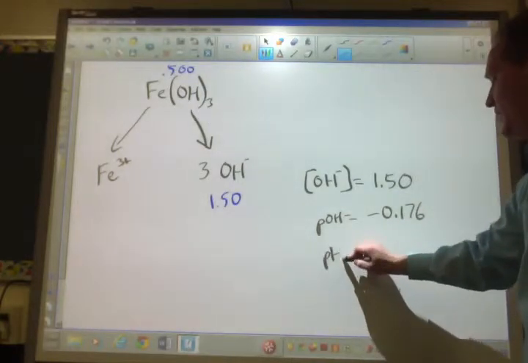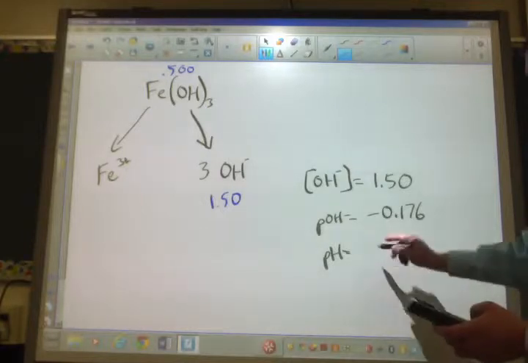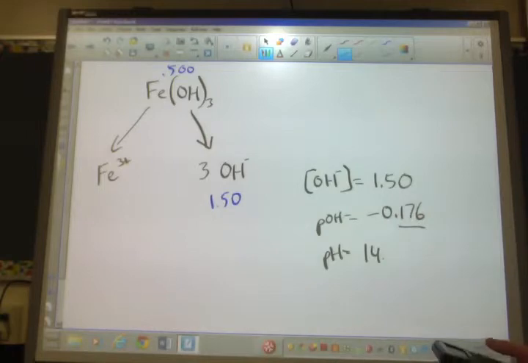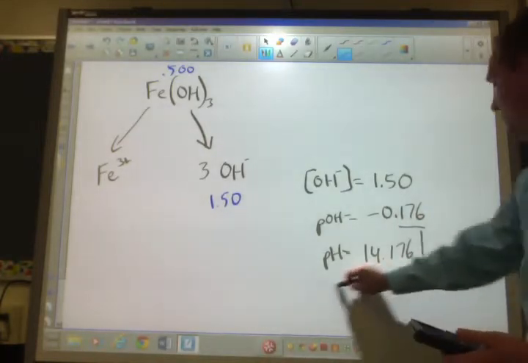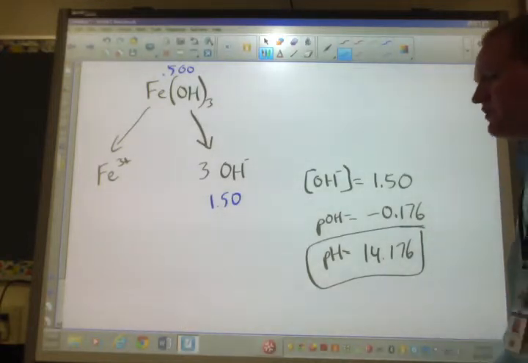And therefore pH is going to be 14 minus this negative answer. So it's actually going to be 14 point, and technically I should keep my 3 digits here, 176. 14.176. Very high pH, meaning it's extremely, extremely basic.